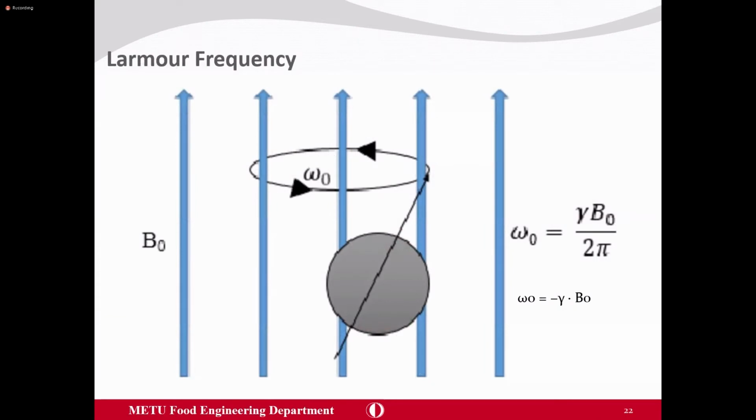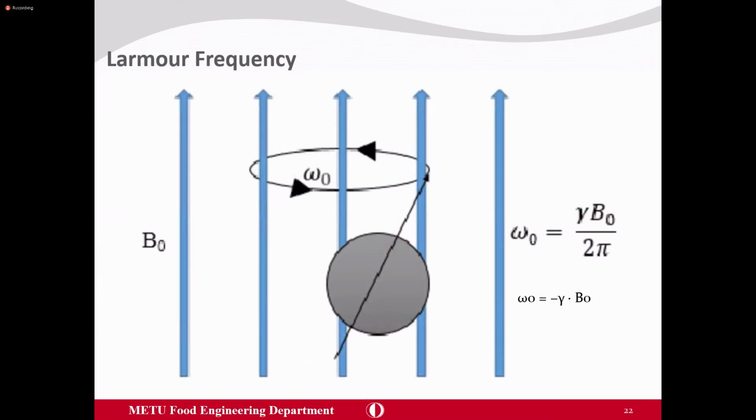So the spins, we say that normally are precessing at a frequency, and especially when we expose them to a magnetic field, they are going to start to precess at a frequency which is proportional to the magnetic field that they are exposed to.